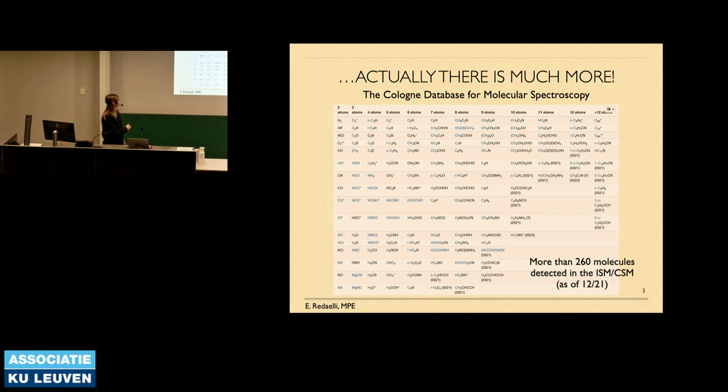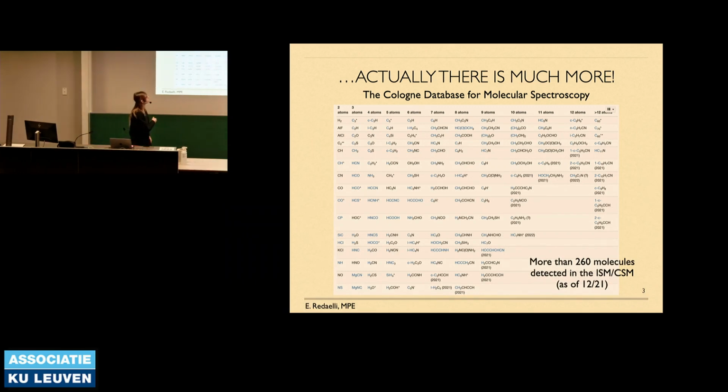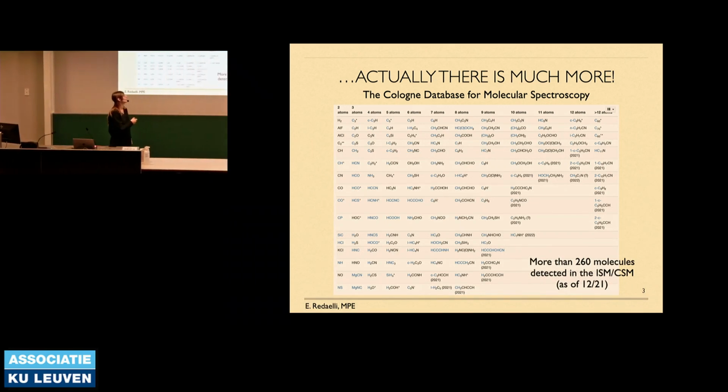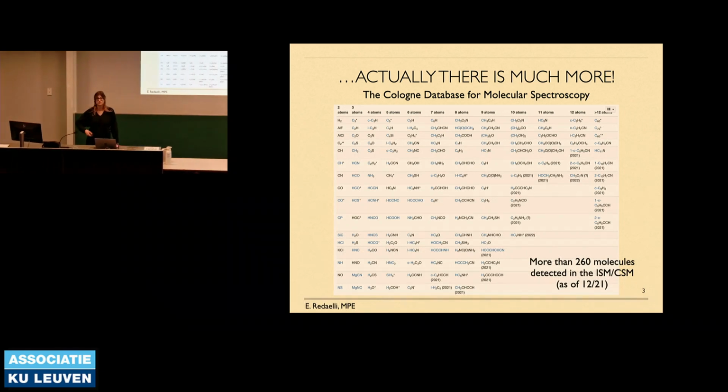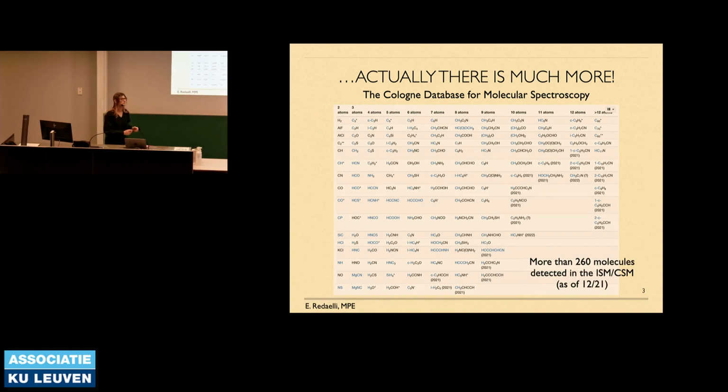And you can see we go from fairly simple things like CO, ammonia, but now we're really starting to explore molecules with 8, 9, 10 atoms, really digging into this prebiotic world.